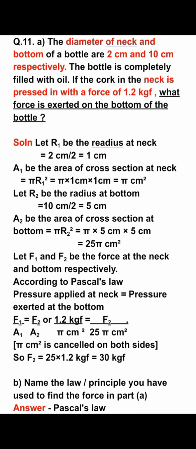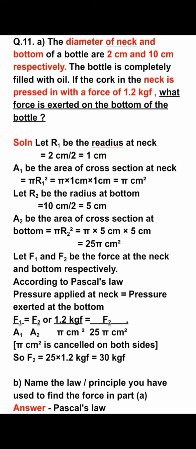Now let F1 and F2 be the force at the neck and bottom respectively. According to Pascal's law, pressure applied at the neck will be equal to pressure exerted at the bottom. So the formula applies here: F1 by A1 equals F2 by A2, or F1's value is 1.2 kgf by pi centimeter square equals F2, which we have to find, by A2, the area of cross section at the bottom, which we got as 25 pi centimeter square.